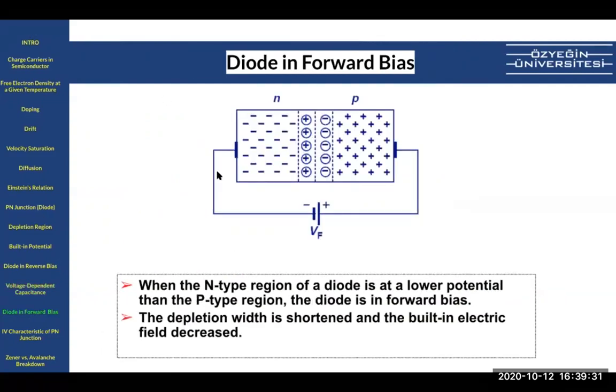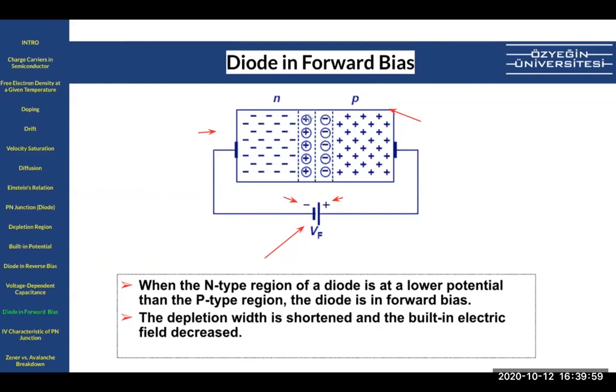What is a diode in forward bias? So this is the opposite of reverse bias, right? We apply the voltage, VF, with the plus sign applied towards the P, and the minus sign applied towards the N. So probably you can guess that this depletion region now acts the opposite.